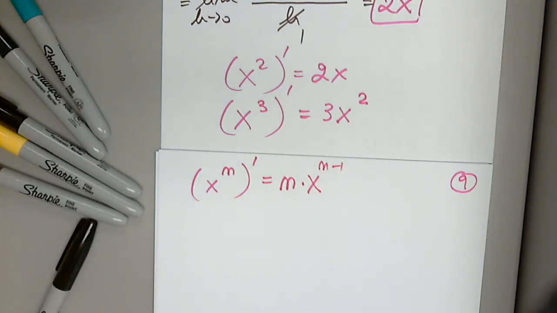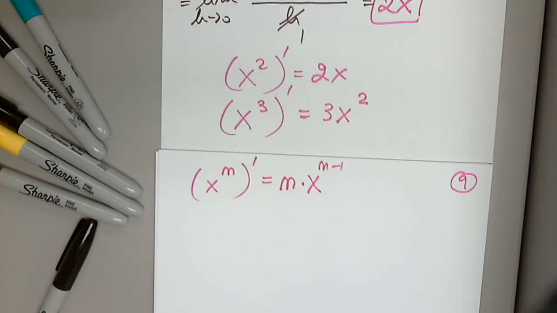That's it. So this is what we call the power rule for differentiation. So for any x, not a function, raised to that power, we're not there yet. x raised to any power n, differentiated, is n times x to the n minus 1.